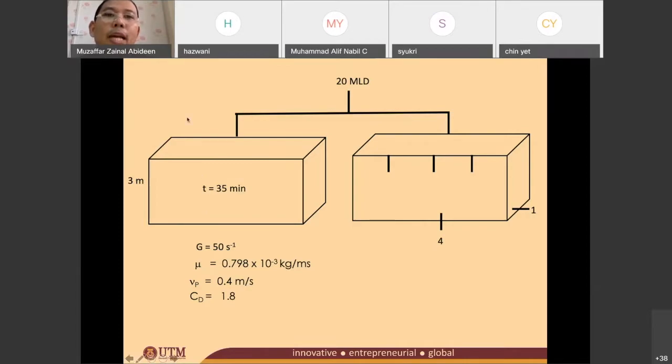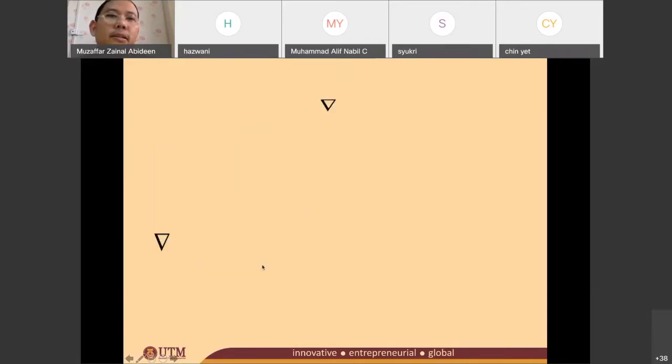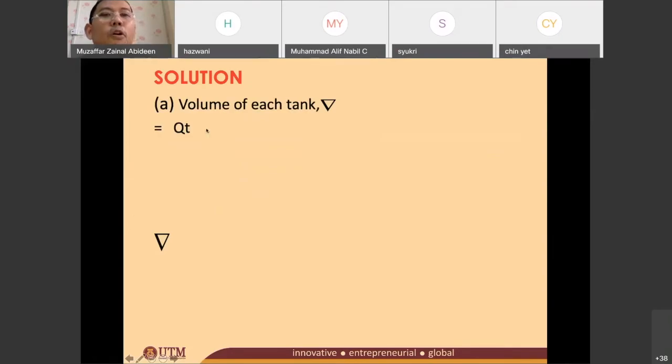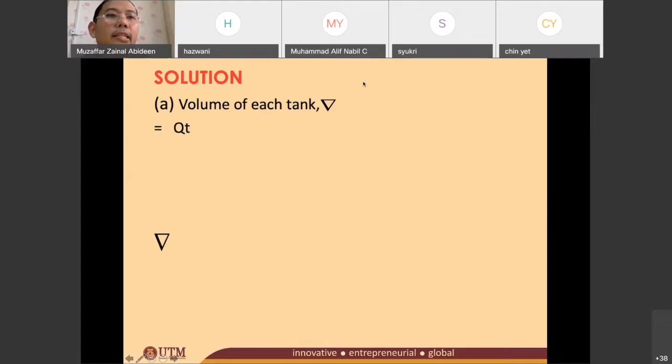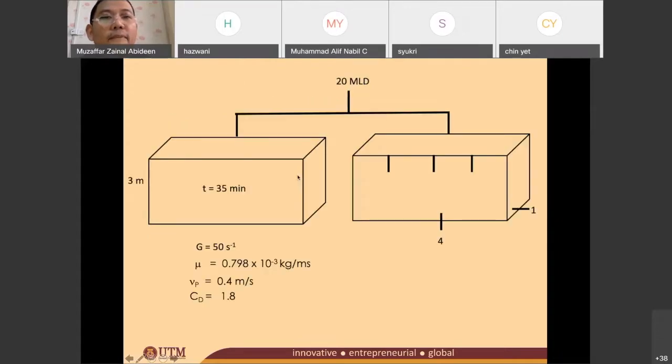How do we calculate the volume? The volume of each tank, symbolized with V, is equal to Q times T. Do we have the Q? We do. The Q was 20 MLD, and the T was 35 minutes.